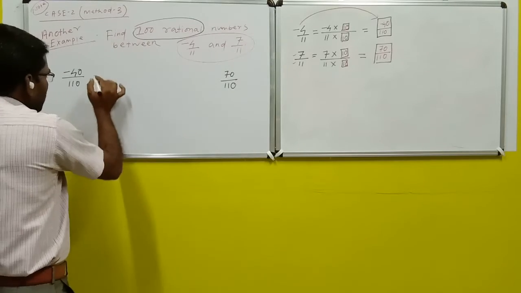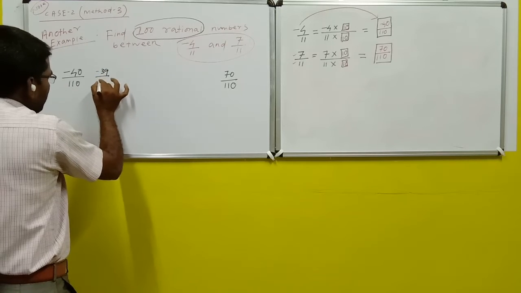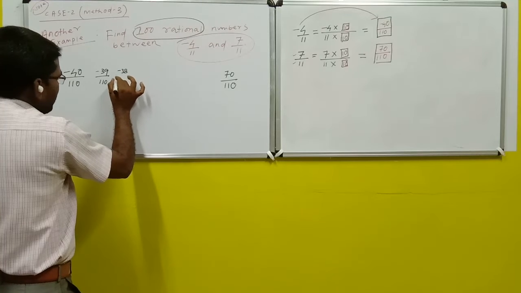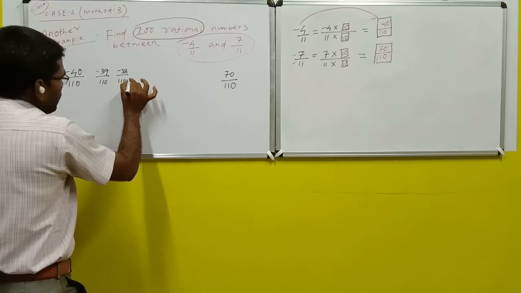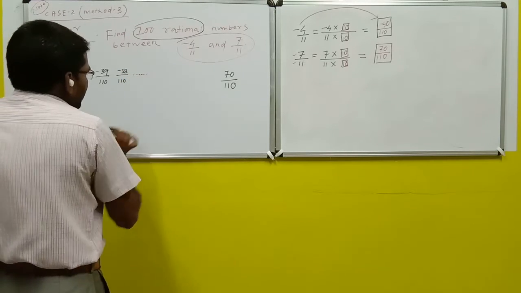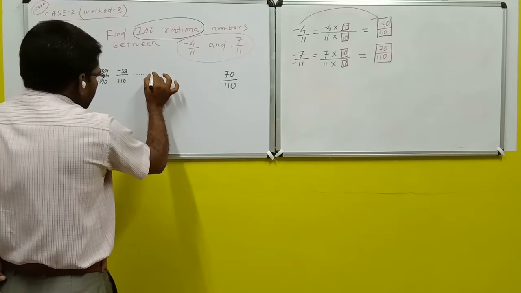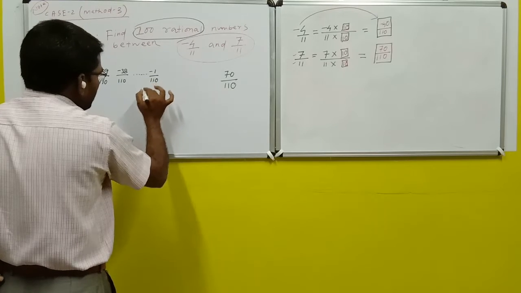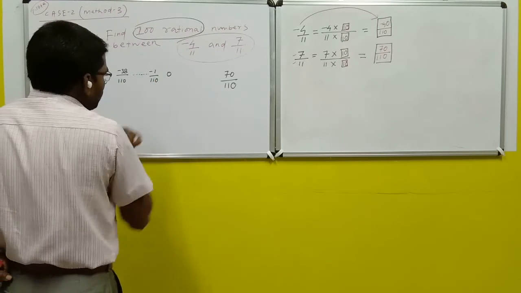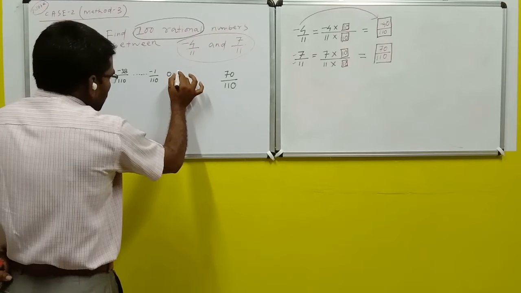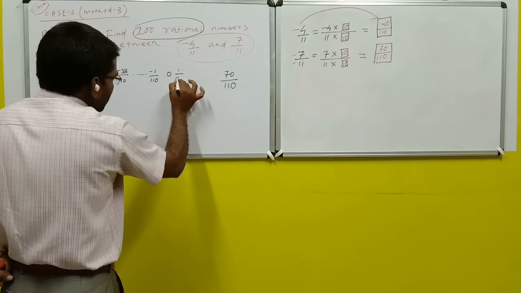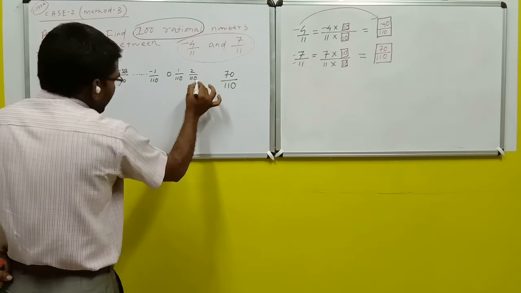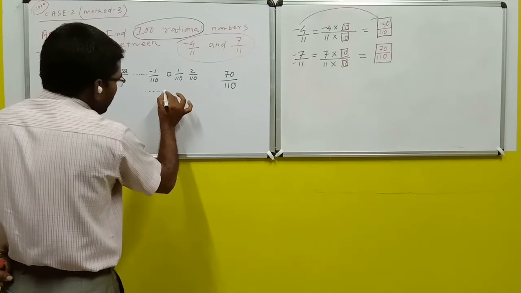Now you have got minus 39 by 110, minus 38 by 110, dots, then minus 1 by 110, then 0, then 1 by 110, then 2 by 110, and so on.